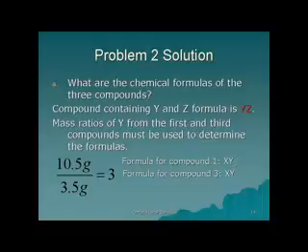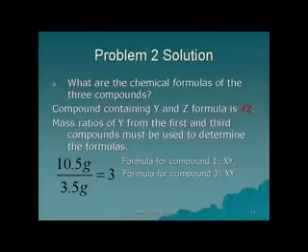We don't have any other way of finding any other relationship there other than that it is YZ, so we're going to be content with that. And then we're going to use the mass ratios of Y from the first and third compounds so that we can determine what their formulas are.